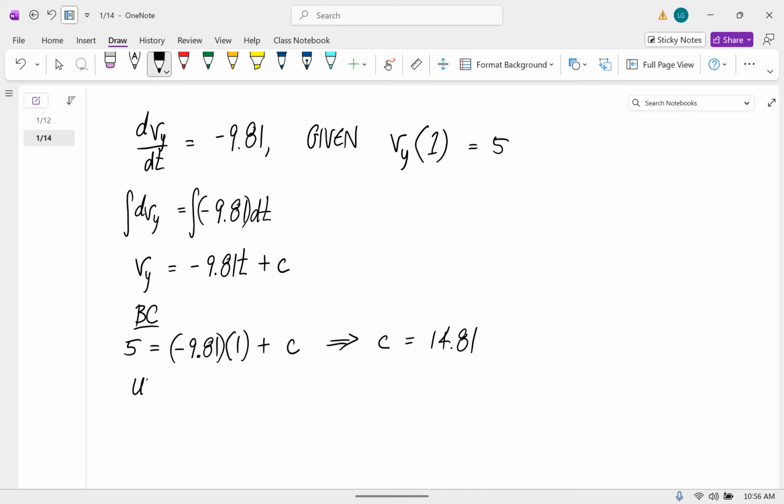Now we'll update, and you get that vy as a function of time is equal to -9.81 t plus 14.81. Anybody have any questions about that one?